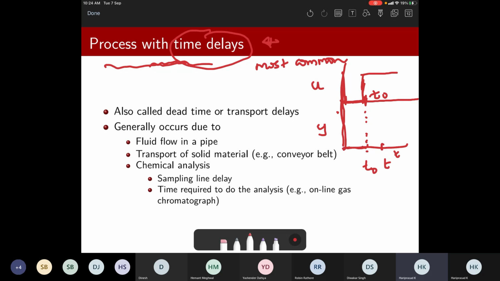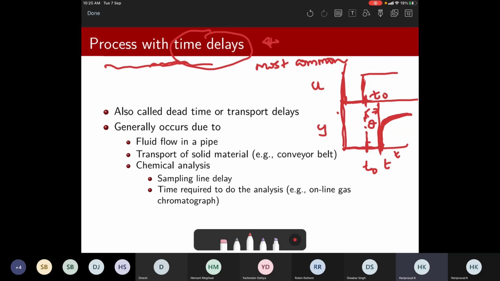So you would see that there is no significant change in the speed at first, and then the speed keeps on increasing. So you would see that there is some lag. This particular phase, which is the lag, is generally represented by theta.